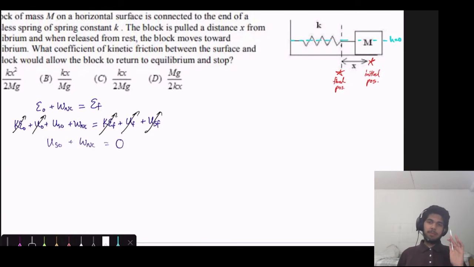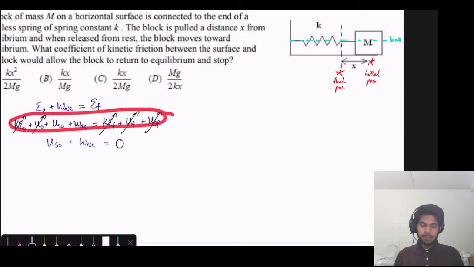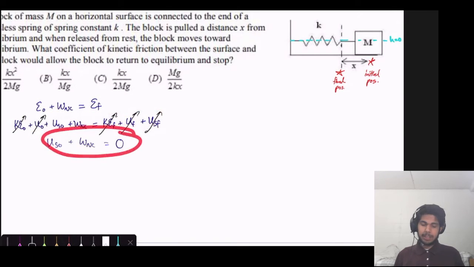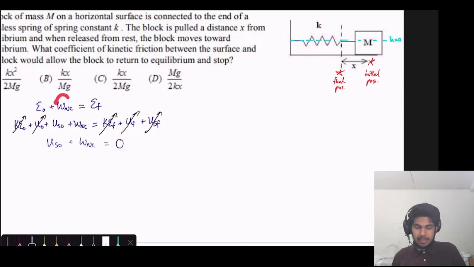And this might seem okay to some, and to others might be a little perplexing. Let's take a moment to pause and understand what's going on conceptually once again. So we started from this equation, we expanded it out, and then we contracted it back here. And we see that this non-conservative work stayed throughout. So this is saying at the initial position, the initial energy is just equal to the spring potential energy.